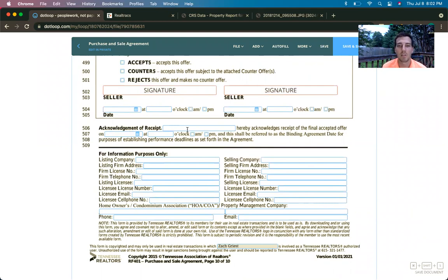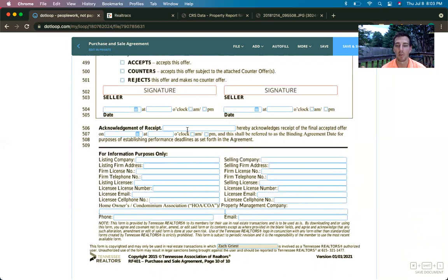So again, the binding agreement starts when everybody has fully signed this contract and both sides have a copy. That's when the timer starts for the binding agreement date. That makes it day 0. So when I have a fully executed contract and I now have a binding agreement date, I confirm it in writing.